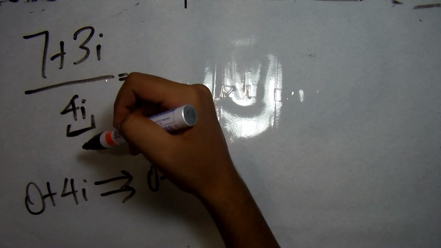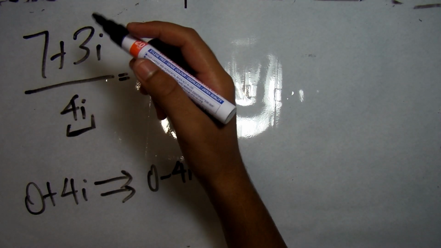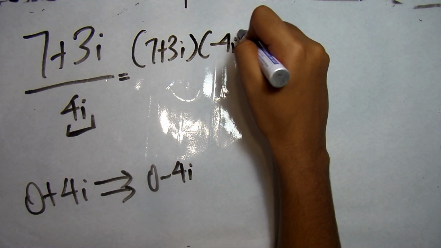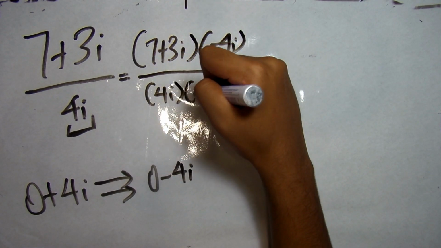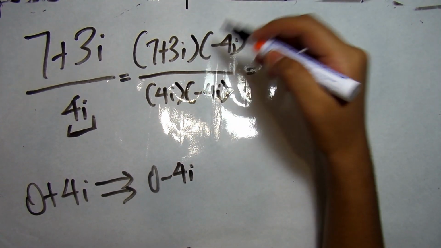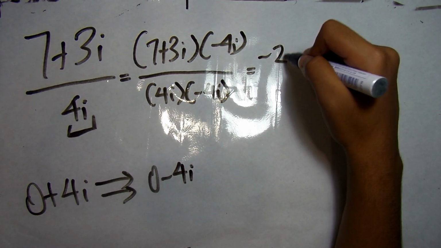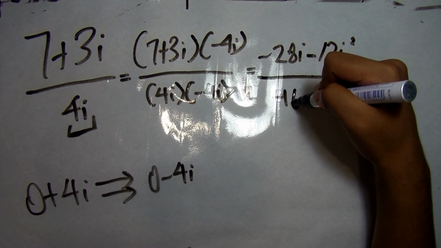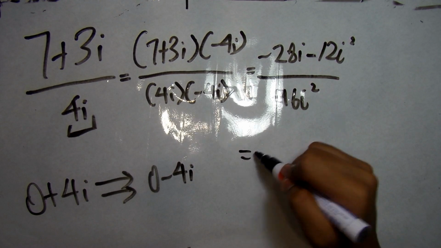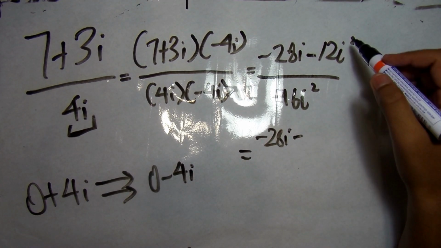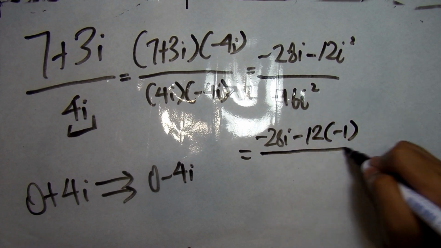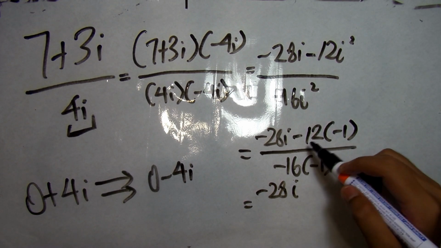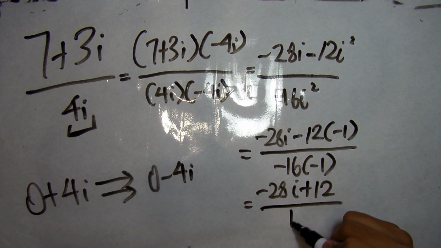So we multiply the top and bottom by negative 4i. 7 plus 3i multiplied by negative 4i, 4i times negative 4i, gives negative 28i minus 12i squared over negative 16i squared. So negative 28i, we replace the i squared with negative 1, over negative 16 times negative 1. So negative 28i plus 12 over 16.